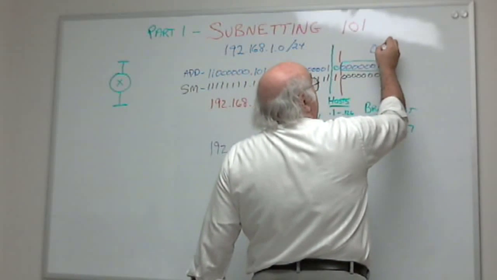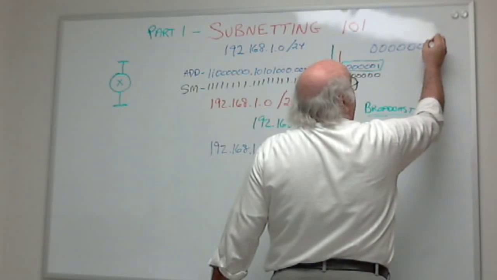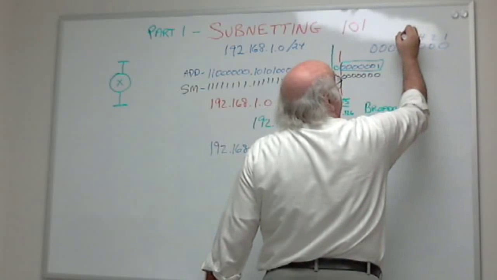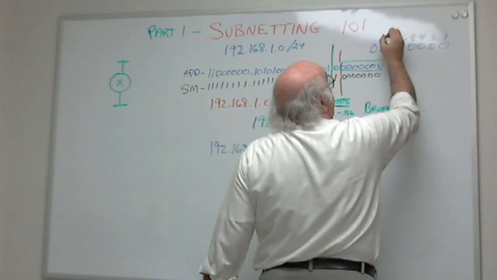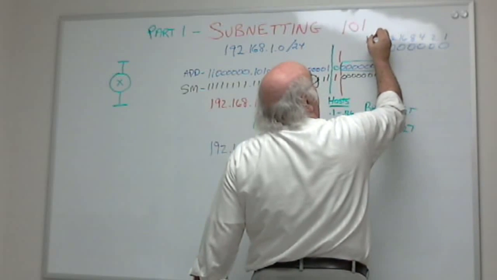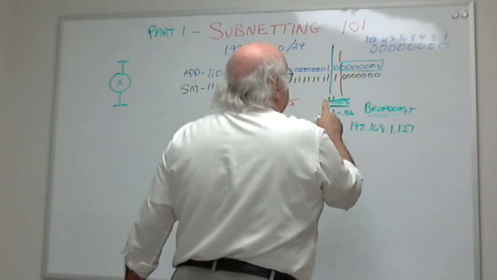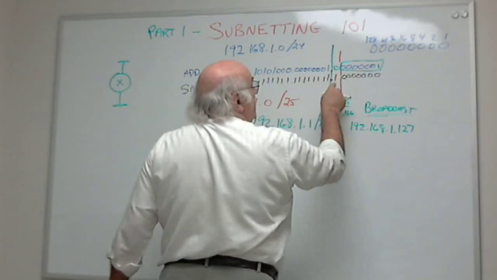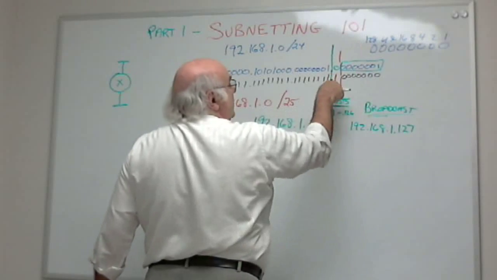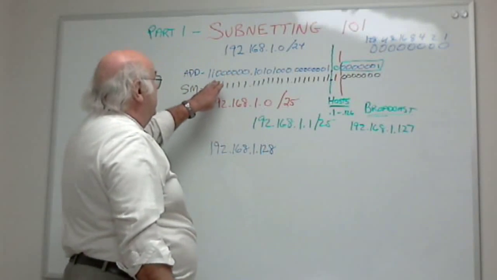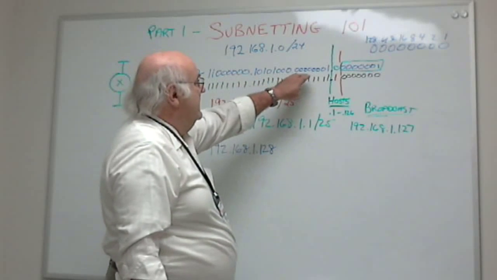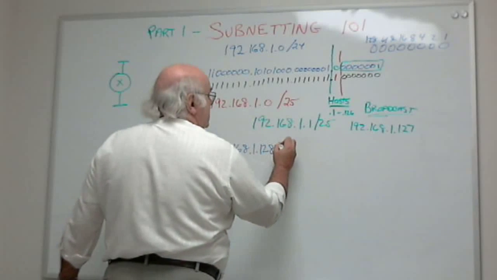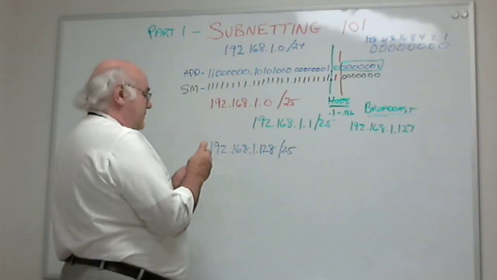Let me write this out: 1, 2, 4, 8, 16, 32, 64, 128. So that highest bit positional value in that byte is 128. So my network now becomes 192.168.1.128/25. We're still at slash 25.